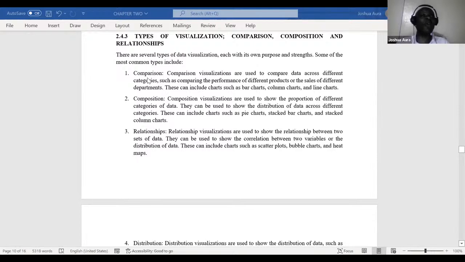Then we have what we call composition. Under composition, ladies and gentlemen, we normally want to see how various components are fitting into some whole.